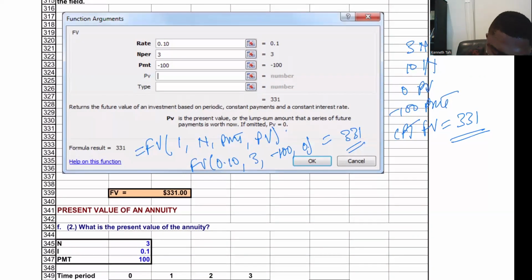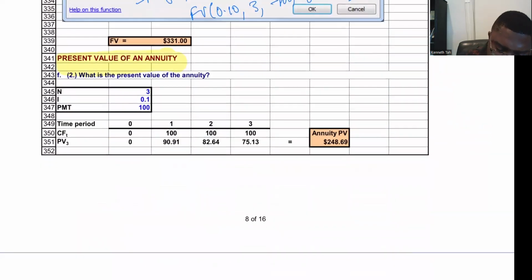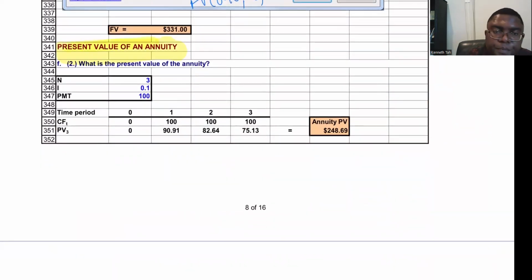Let's look at the present value of an ordinary annuity. So what is the present value of an annuity? We can look at this problem: the number of periods is given as 3, the interest rate is given as 10%, and the payment that comes periodically at the end of every period is $100.